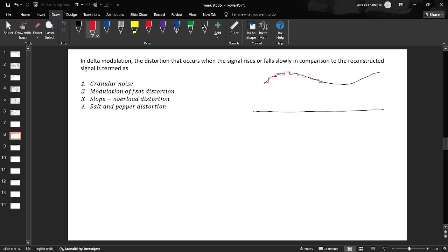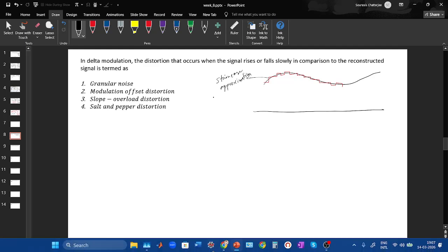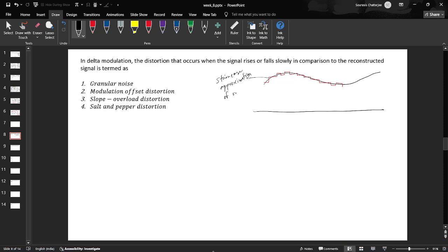So accurate representation of the original signal to infinite accuracy is not possible, but we have some approximated version based on the discrete levels, and this we call a staircase approximation of the original signal.